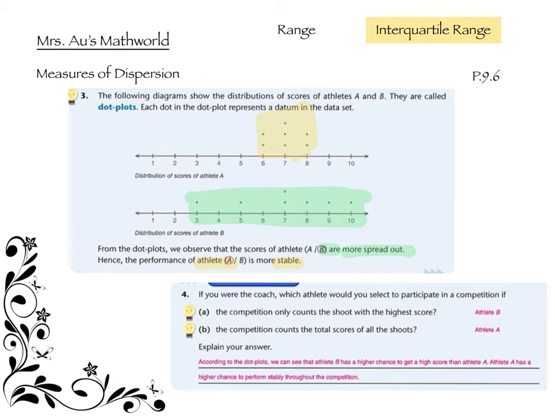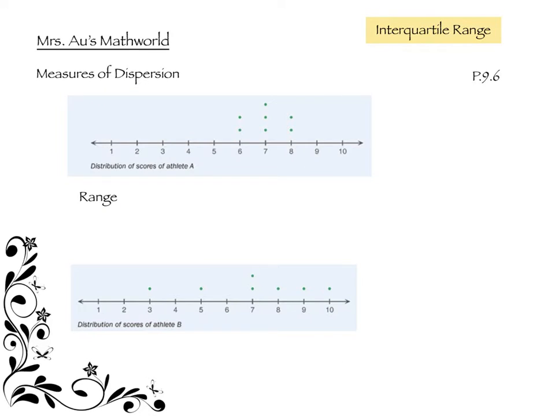But how to do the calculation? We will use the range to help us check which one is more diverse. The range is defined as maximum minus minimum. That means we only look at the highest one minus the smallest one, with unit. In this question we don't have a unit.